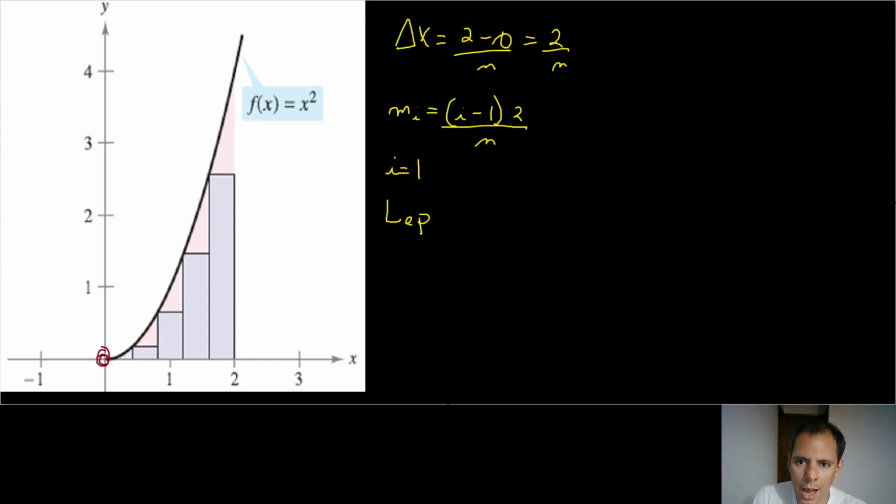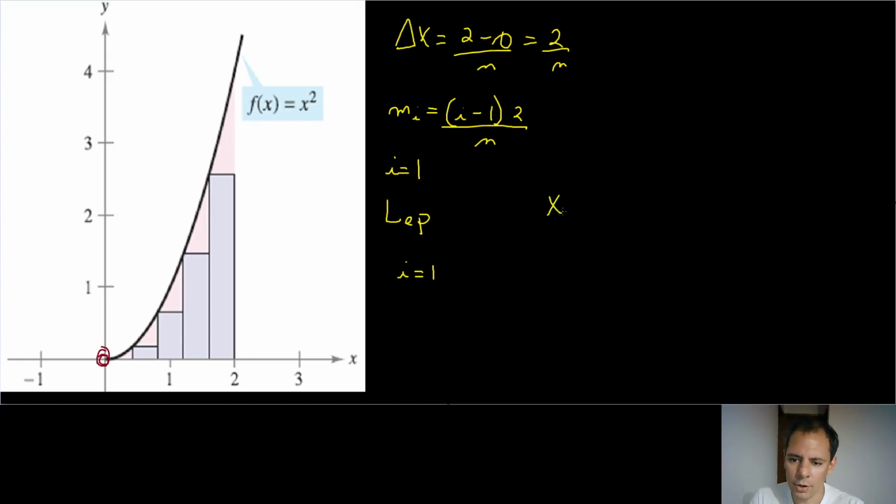So when i is 1, since you want the left-hand point, and the left-hand point is starting at 0, you want... what is xi? I know it's very complicated. I'm trying to find the words to connect the dots to make you understand. xi is going to be the value of x.